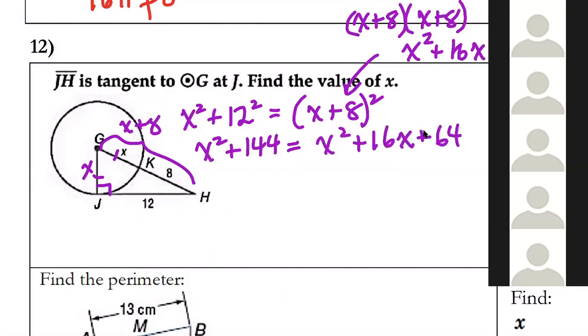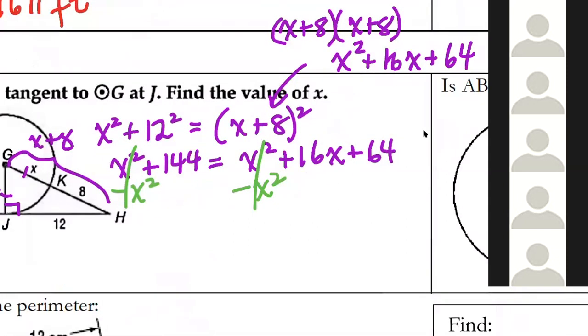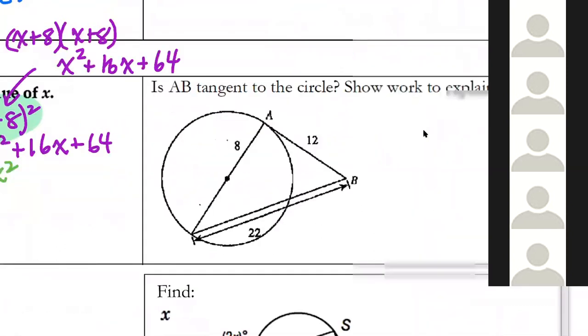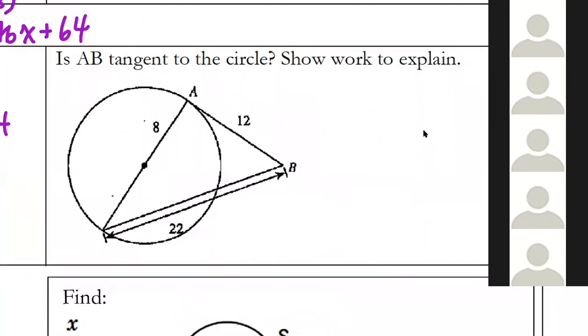It looks like it's going to be quadratic, but actually when you go to solve it and subtract off the x squared, it's going to disappear on both sides. So it's actually just a simple solve for x on that one. But the common mistake there would be students forgetting to square the quantity. And again, just stop me if you need me to slow down or go over something again.